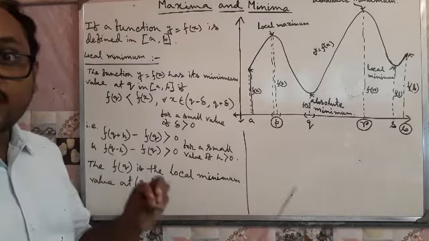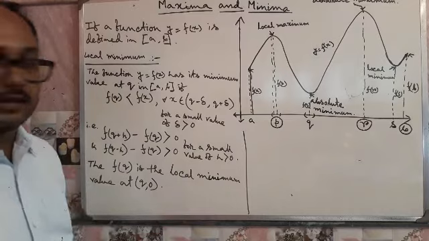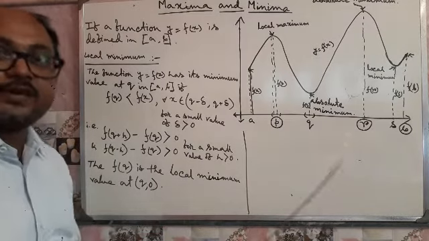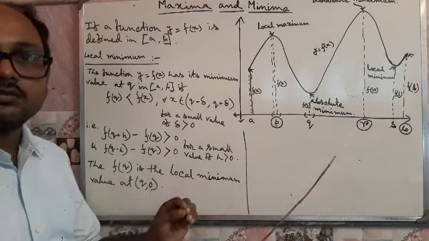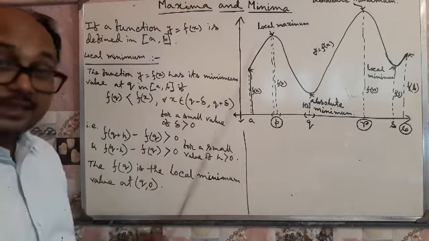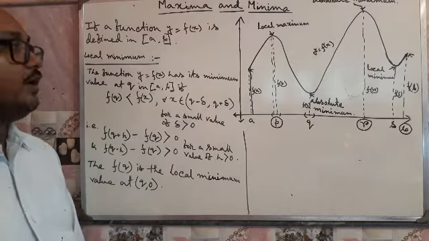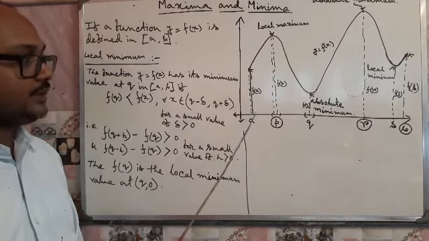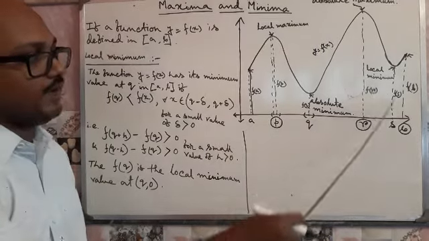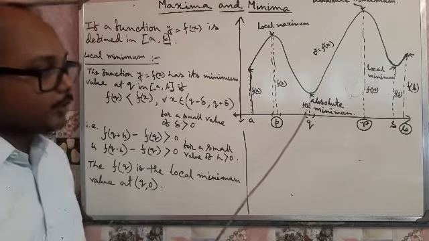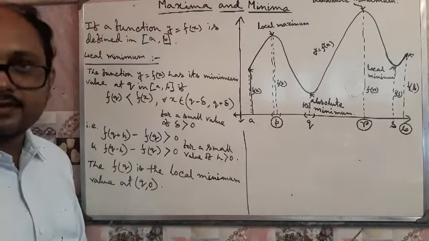So what is the local minimum value of the function? At the point q, the local minimum exists, very good, but what is the value? The local minimum value is the functional value at that particular point, that is f of q. Now among all such minimum values, that is f of a, f of q, f of s, f of q is the smallest.